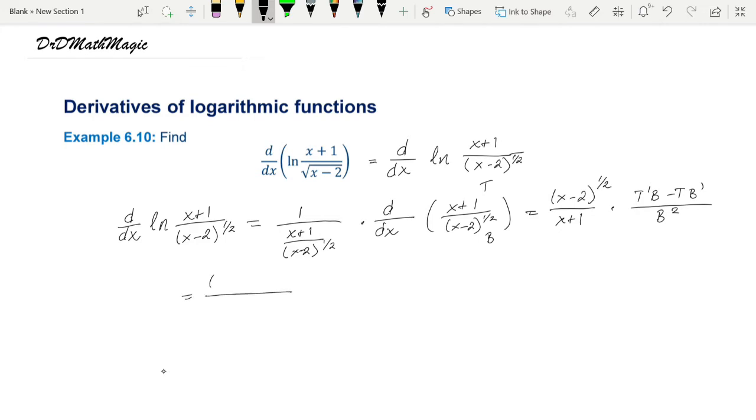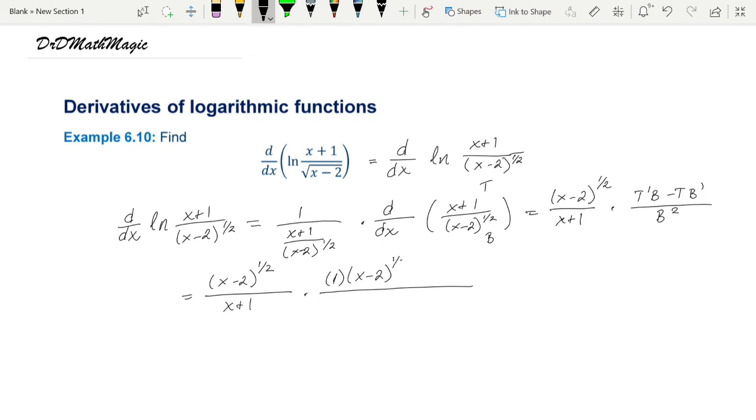So let me copy the first part. And then let's see, what do I get when I apply the formula? My top is x plus 1. So what is the derivative of x plus 1? That's just 1. And then times the bottom. What's the bottom?